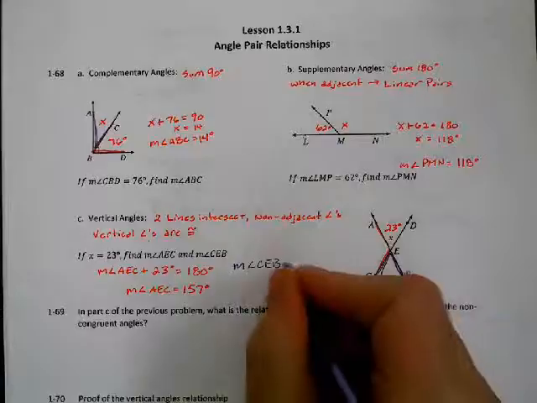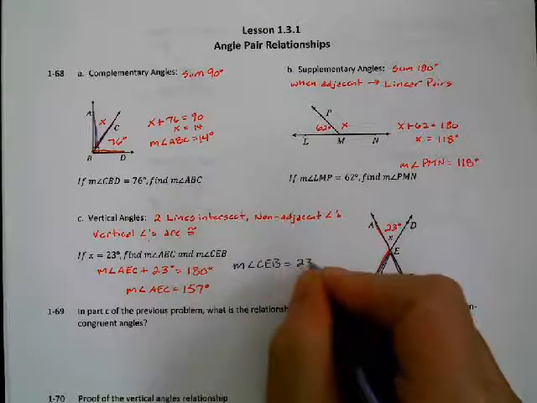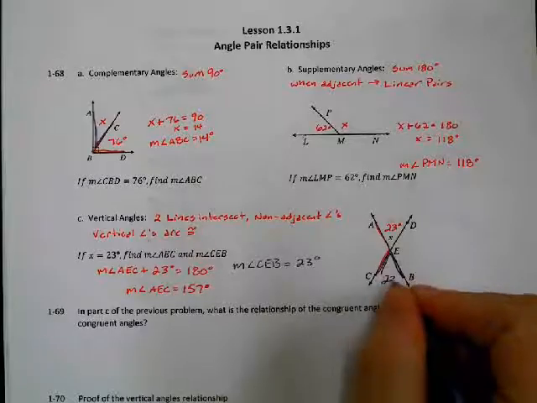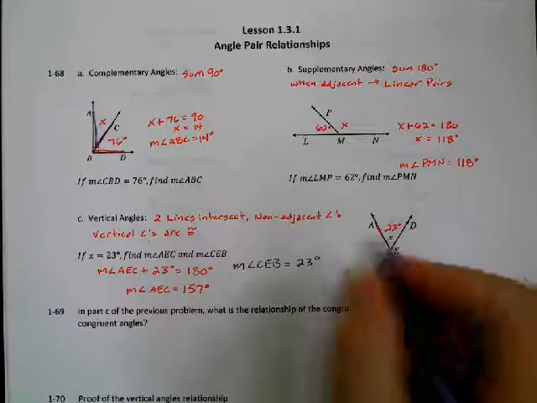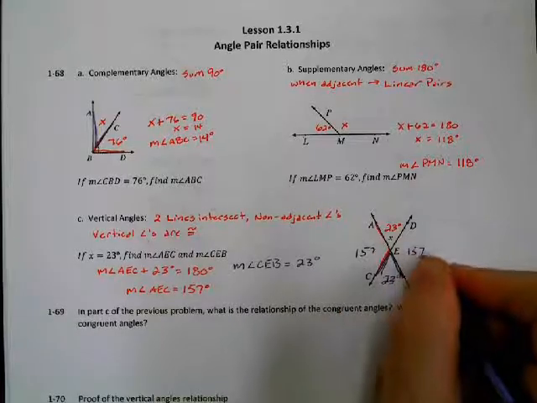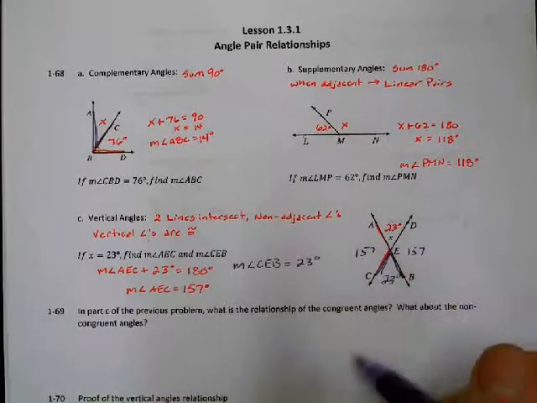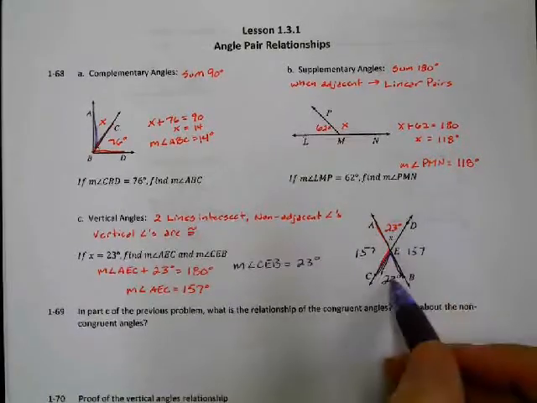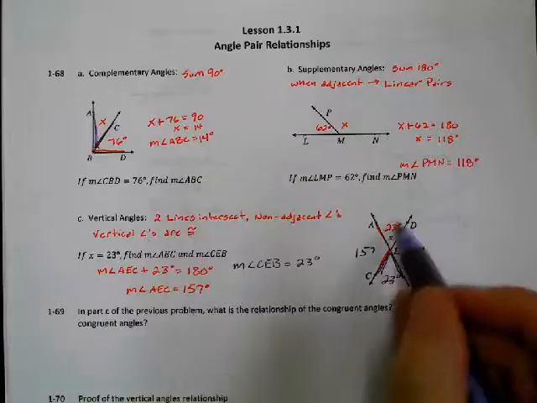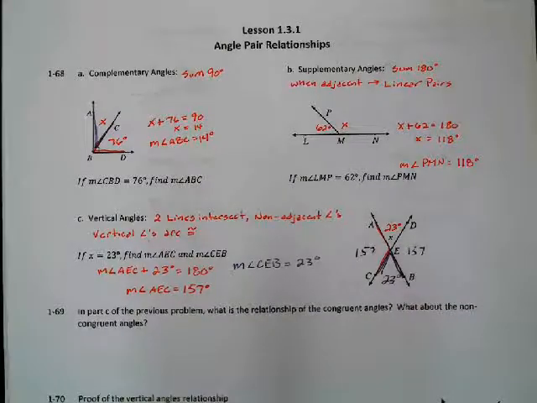Then this angle over here and this angle over here are vertical angles, and they would both be 157. It works out because they're all linear pairs: these two are 180, these two are 180, these two are 180. Adjacent angles add to 180, and non-adjacent angles are congruent to each other.